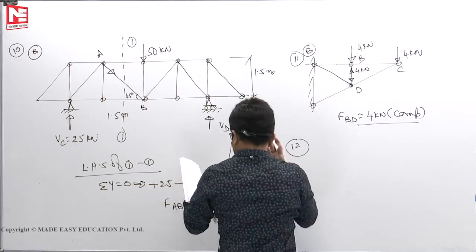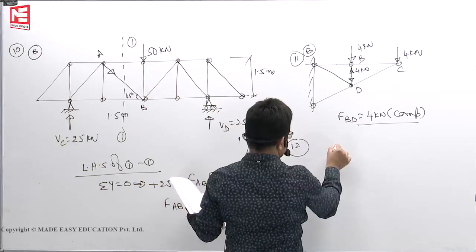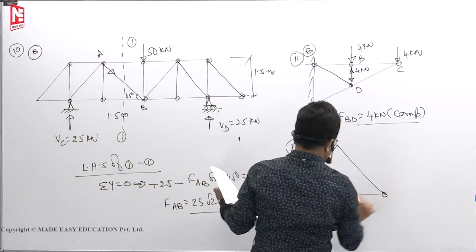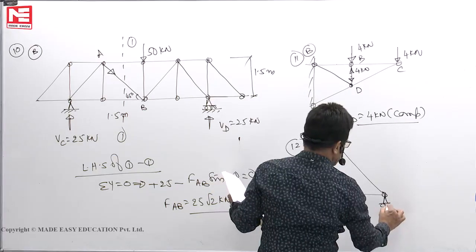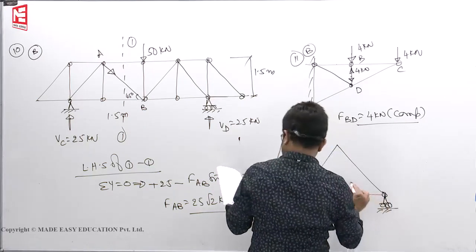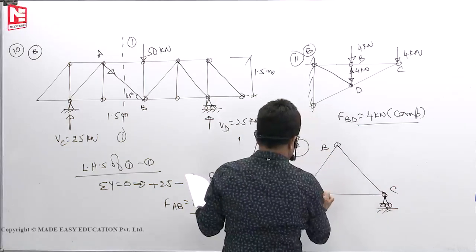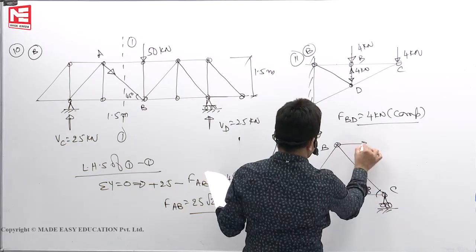Next, 12. What is the force in the member BC of the plane frame shown in the figure? Like this is given. Hinge. Roller. These points say A, B, C. 60, 60, 10 kilonewton.